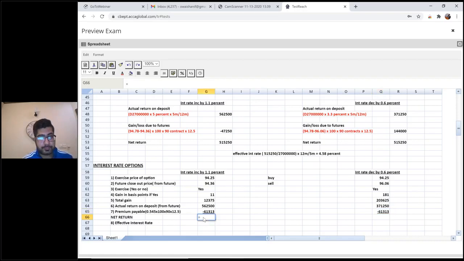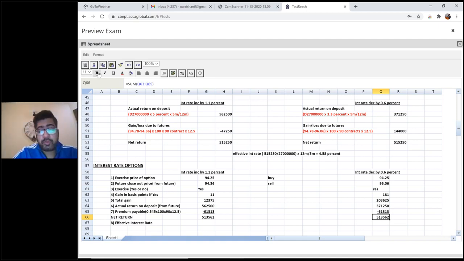Net return: add them all for net return. 513,562.